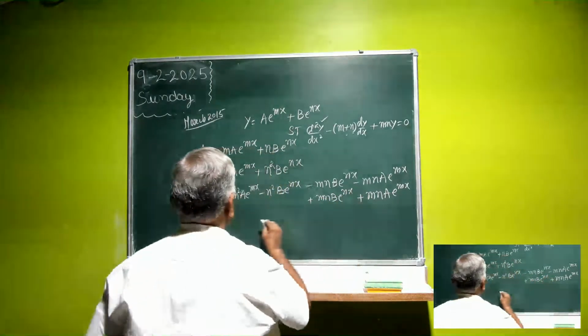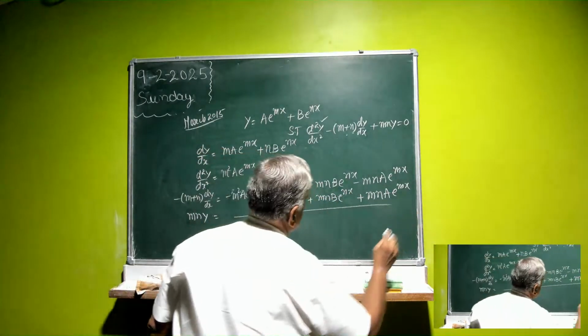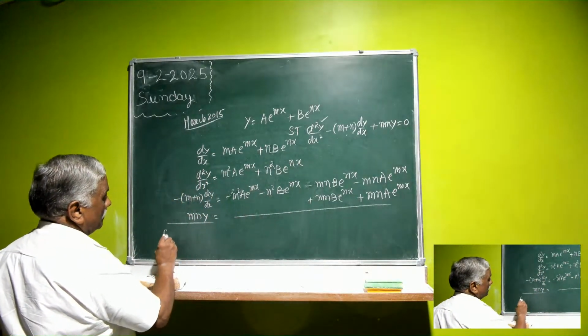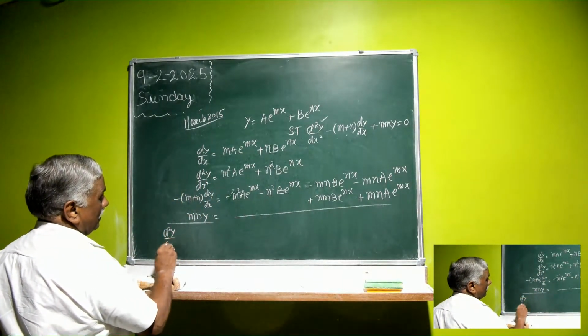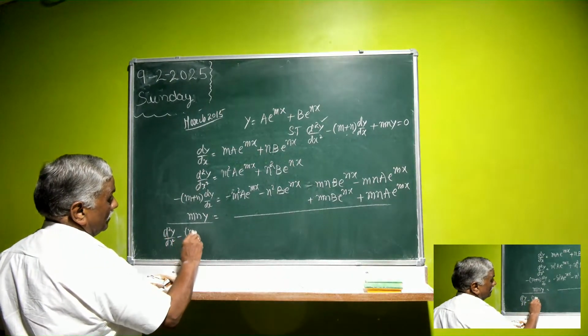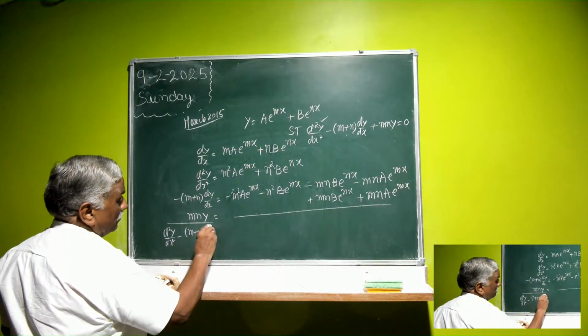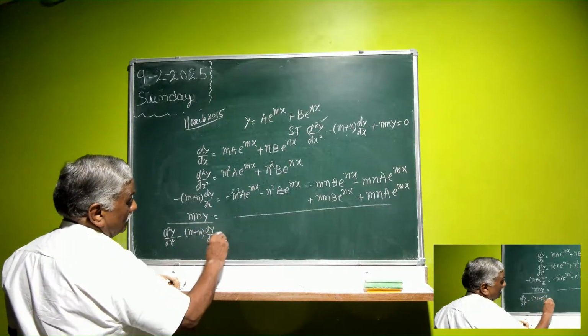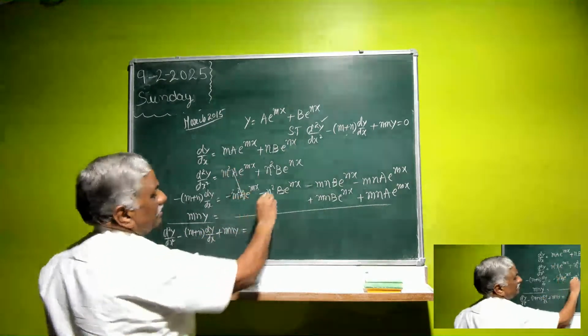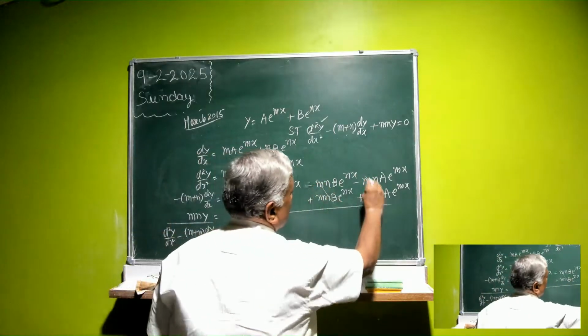I write here. So now you just add the left hand side and add the right hand side. d square y by dx square minus of m plus n into dy by dx plus mn y. This will cancel, this will cancel, this will cancel, and this will cancel.